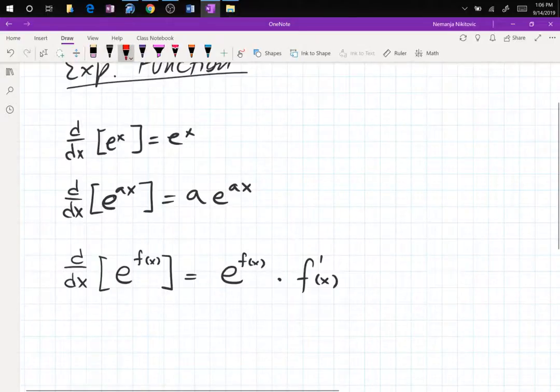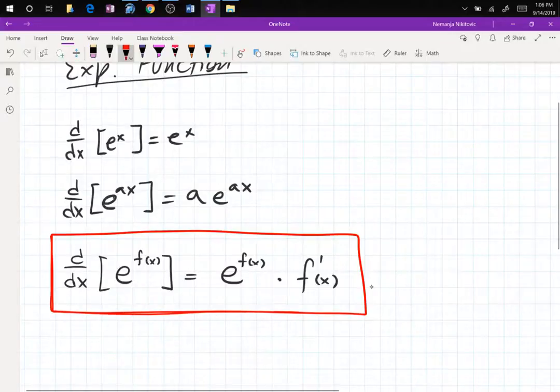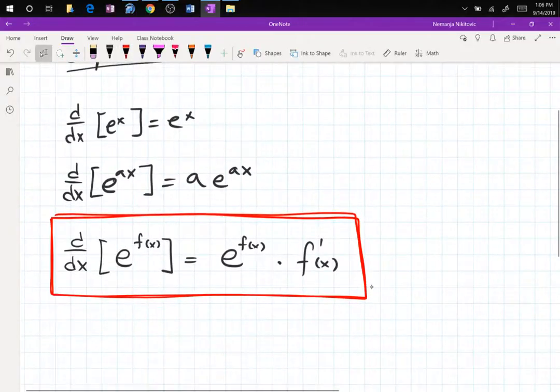So this over here, and I'm going to box this one, is the equation that you are going to use 99% of the time in your life. If you are doing calculus, doing derivatives of e's, 99% of stuff you ever see is going to fall in there. But there is a boss equation.